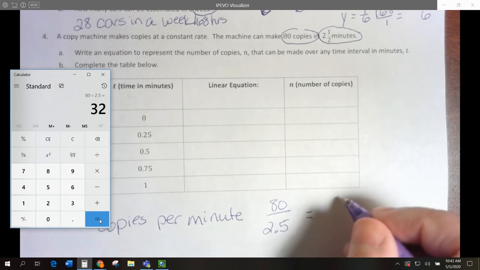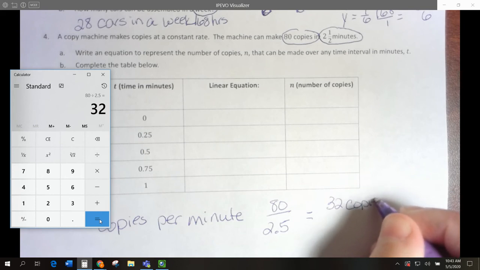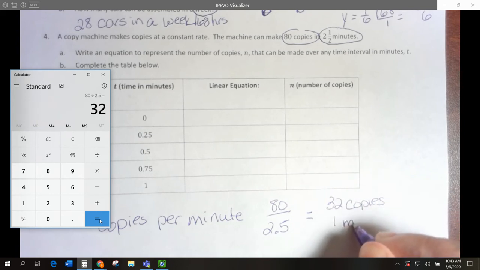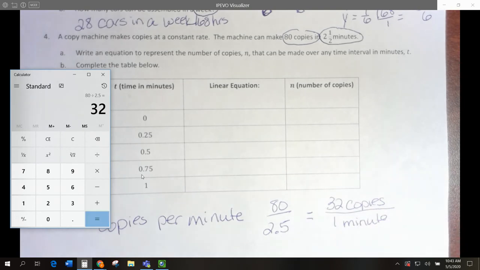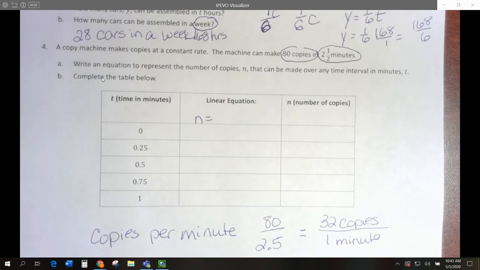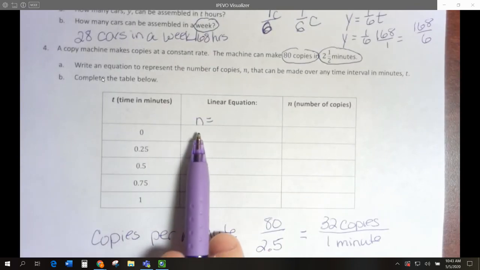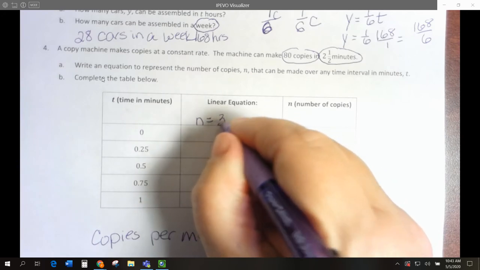So it's going to be 32 copies per 1 minute. So our equation is going to be the number of copies n. N is going to be 32 per minute.